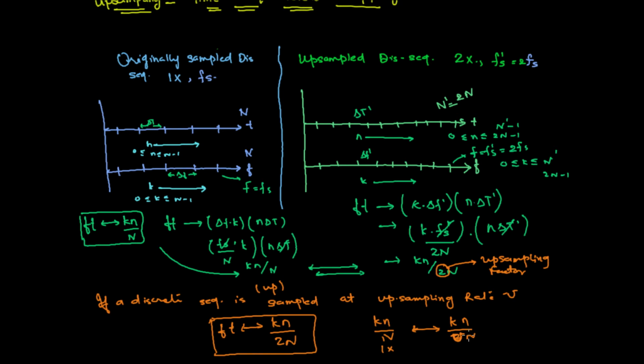Let's call this u, and this is also u, right? This is any random upsampling factor that we can take, where u is an integer. We'll come to why u needs to be an integer. So this is the final relationship that we have: k times n by capital N is equivalent to k times n divided by u times n.